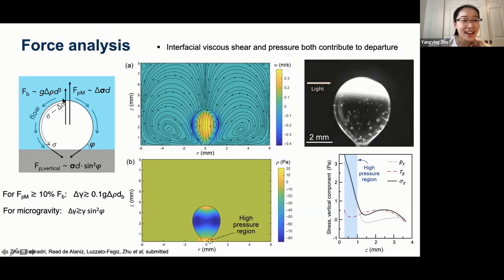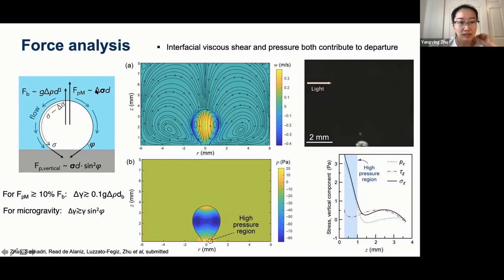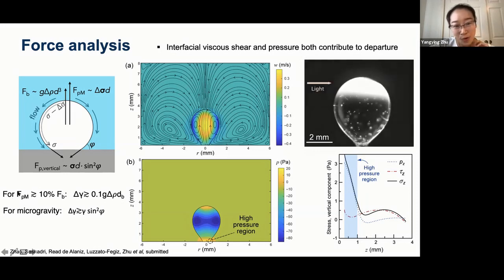And when you have a surface tension gradient from the top of the bubble all the way to the base of the bubble, in terms of delta sigma, the Marangoni force you can induce is proportional to delta sigma and also the length scale of the bubble. For example, if I do this manipulation on Earth, I want the photo-Marangoni force to be at least 10% of the buoyancy.